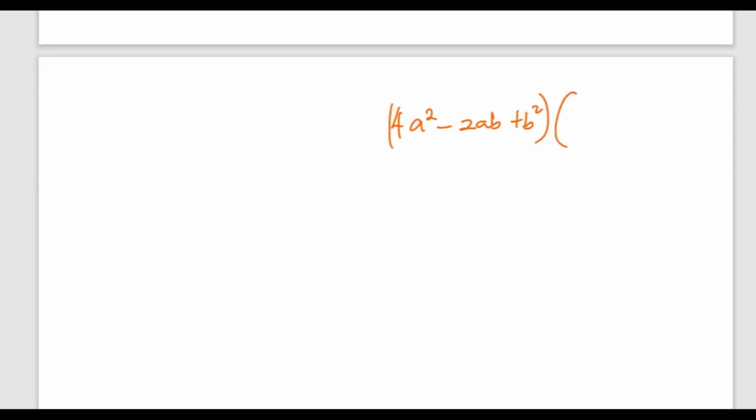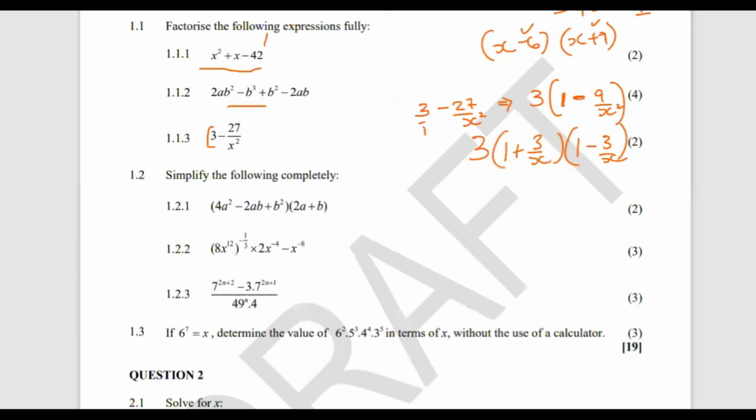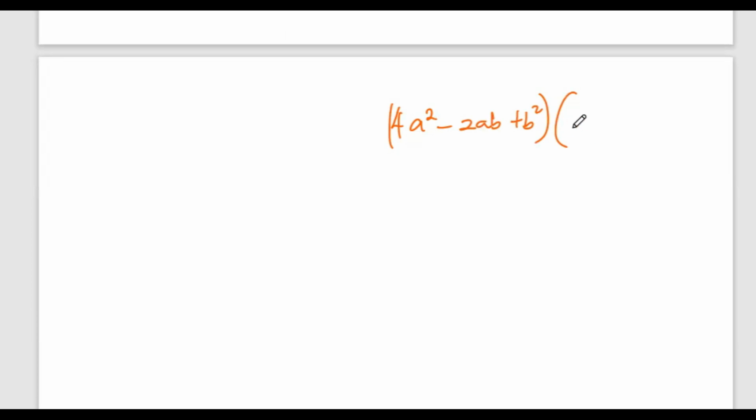We are multiplying by what? I'm multiplying it by 2a plus b.